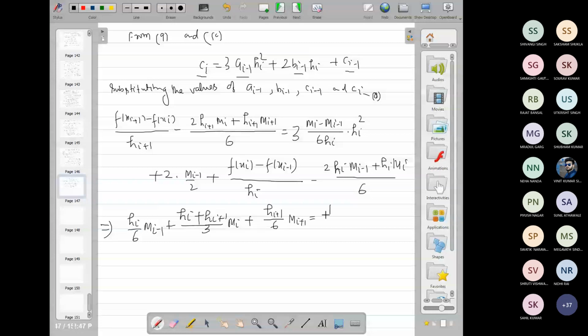This is equal to 1 upon hi plus 1 into (f xi plus 1 minus f xi) minus 1 upon hi into (f xi minus f xi minus 1). Here i is 1, 2, up to n minus 1.